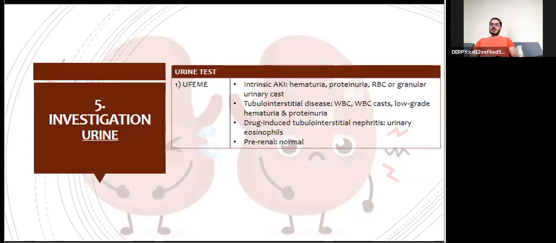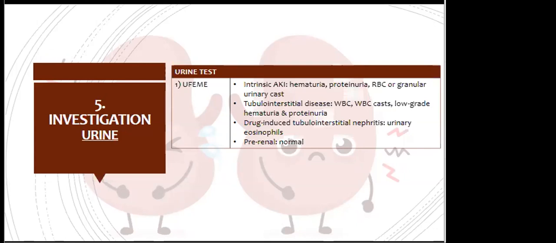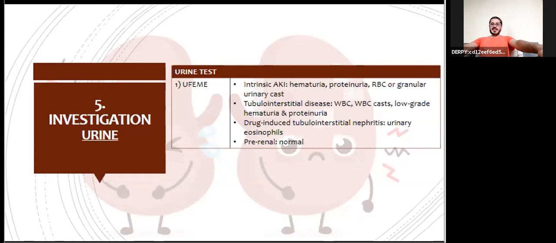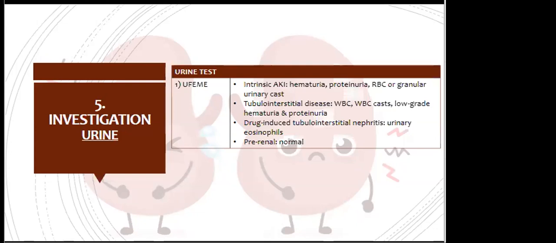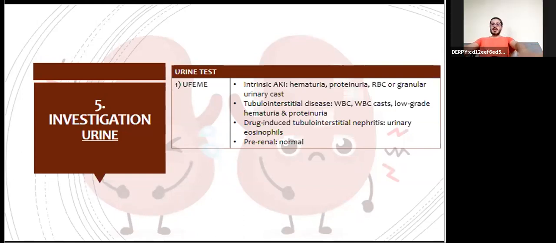So that is urine specific gravity. Another thing: what about urine osmolarity and urine sodium? Pre-renal, elevated urine osmolality, more than 500. Yes. And urinary sodium will be low, less than 20. Correct.